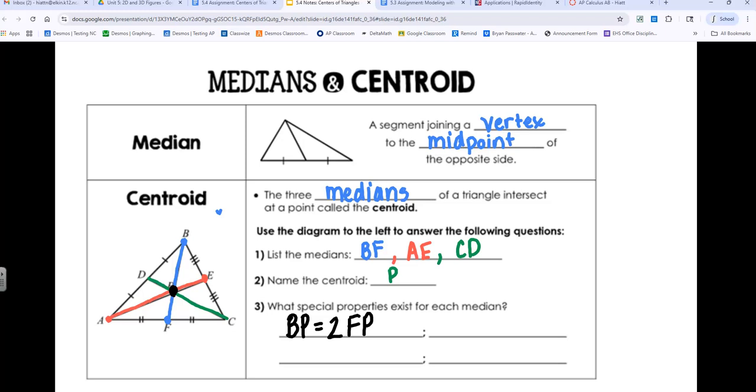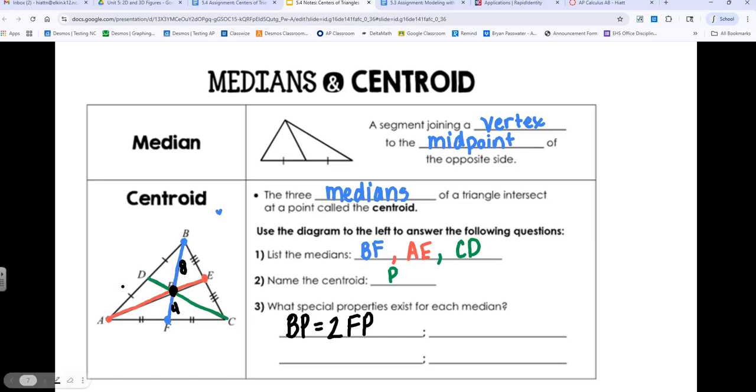I think this is a little bit easier to see if we use actual numbers. So let's say that PF has a length of 4. If PF has a length of 4, what is the length of BP going to be? It would be 8. It's just twice as big.